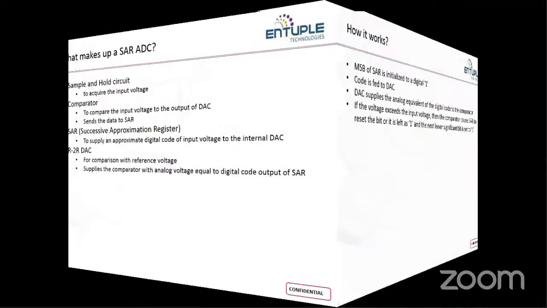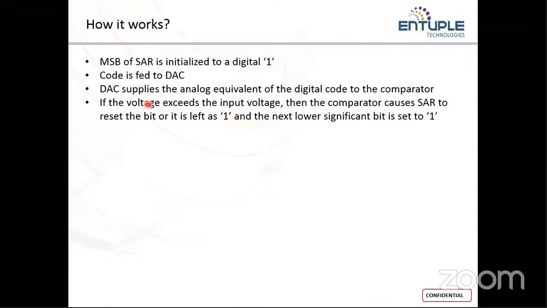But how does this successive approximation register work? Initially, the most significant bit of the successive approximation register is initialized to a digital one. For example, if it's 4-bit data, then the most significant bit is the leftmost bit.